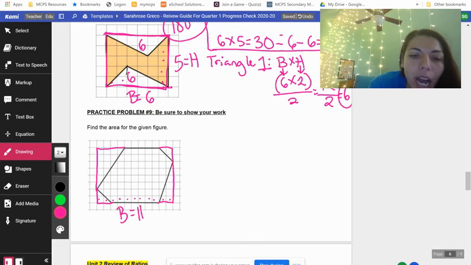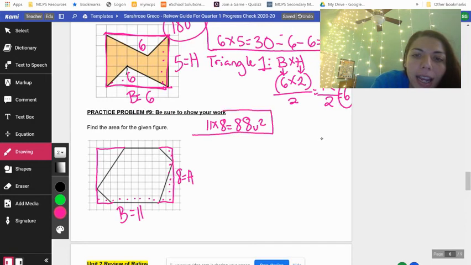Base was 11. Height, let's go: 1, 2, 3, 4, 5, 6, 7, 8. 8 was my height. So first part, 11 times 8 is 88 units squared.